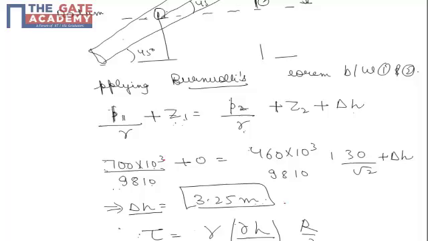I have written 10 to the power 3 just to convert kilonewton to Newton, and if I write the value of gamma as 9.81 kilonewton per meter cube, in Newton per meter cube it will be written as 9810. So delta H comes out as 3.25 meter.